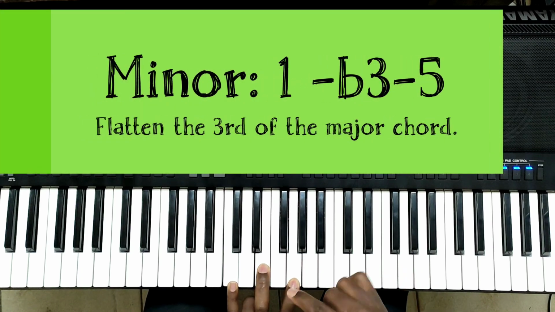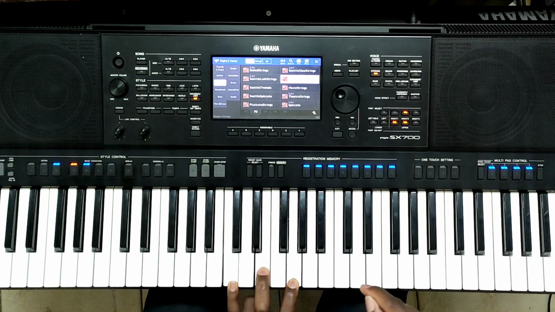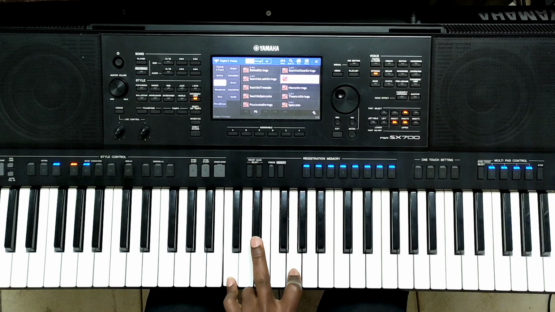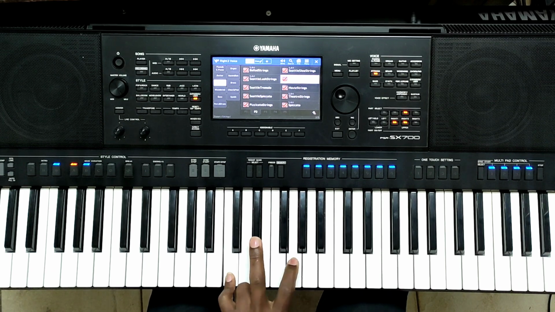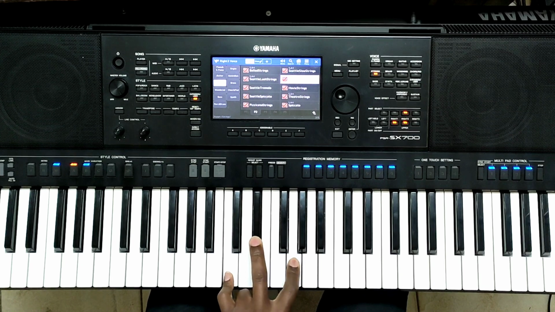If I want to get a minor of this chord, I will pick the 3rd degree, the note in the middle of a root position chord, then flatten it 1 semitone. So instead of playing this note, I'll play this one. So this is a C minor chord, right there.